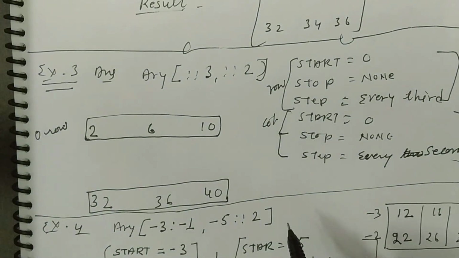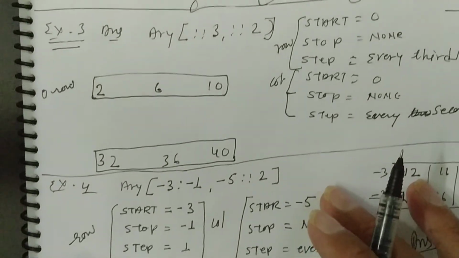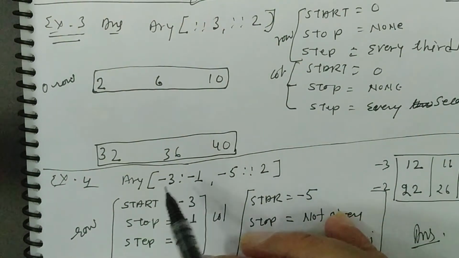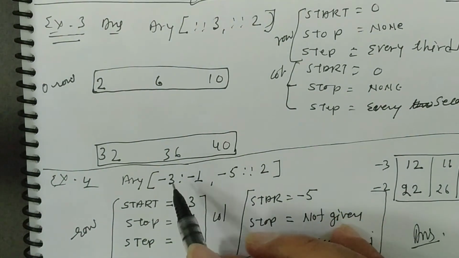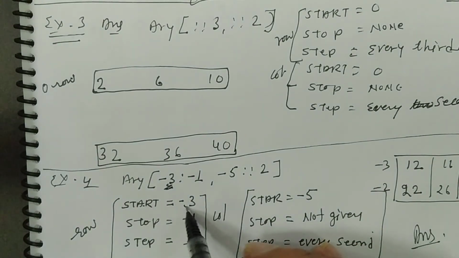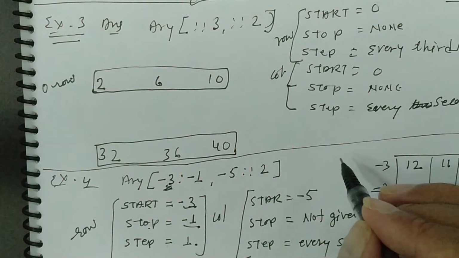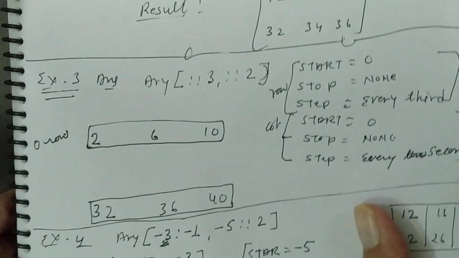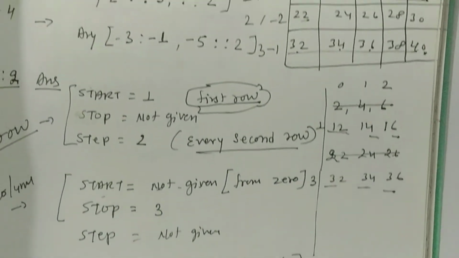Okay, and in the last question, because the indexing is given in negative, we can see that it's starting from -3. So -3 start, stop -1, and step is 1. It means we are going to start with -3. You can see -3 is here.